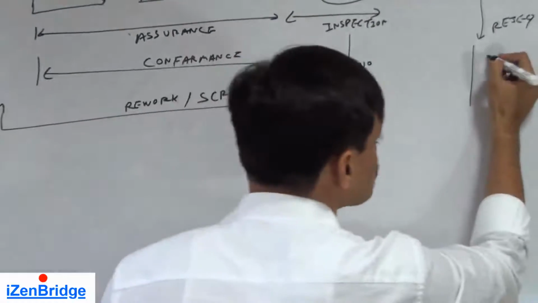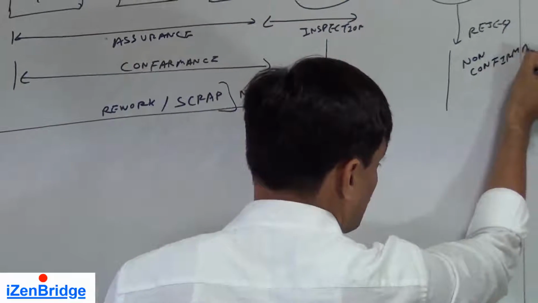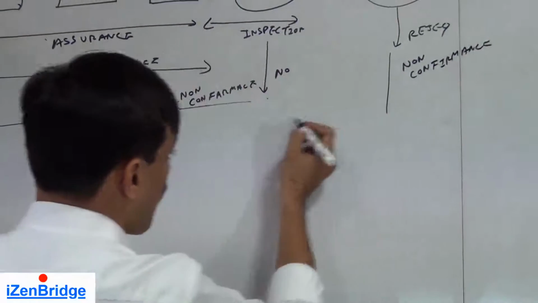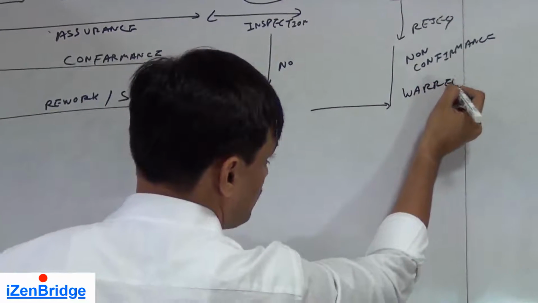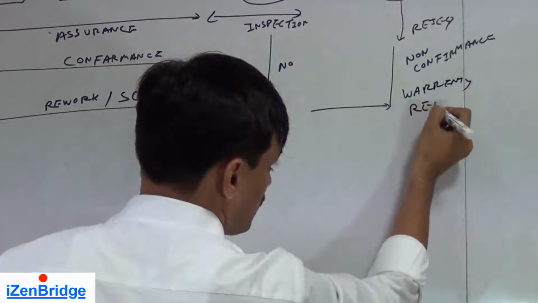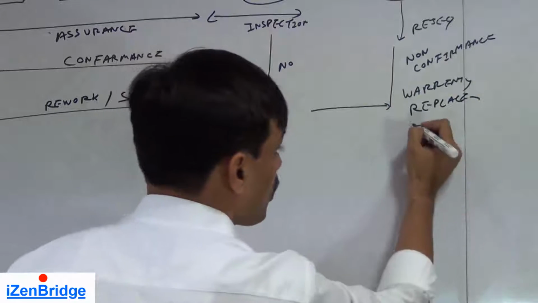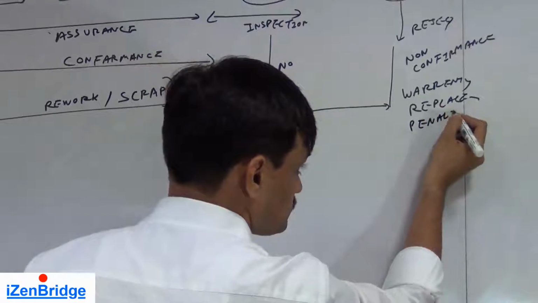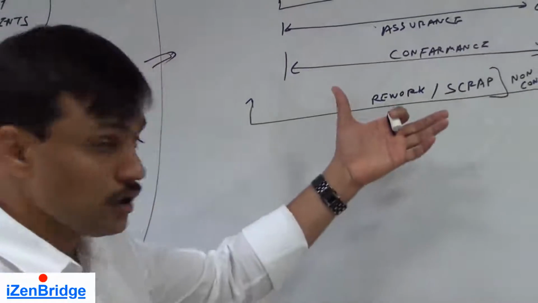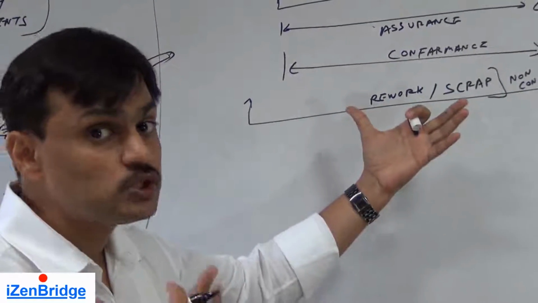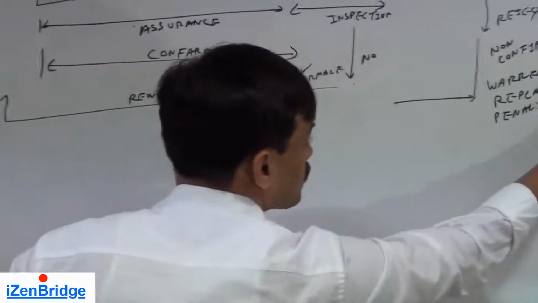So this one is also a cost of non-conformance, and it is coming in the form of warranty expenses, warranty replacement, or a dissatisfied customer, or penalty. So when we are talking about quality, cost of quality, we have two types of components: conformance cost and non-conformance cost.